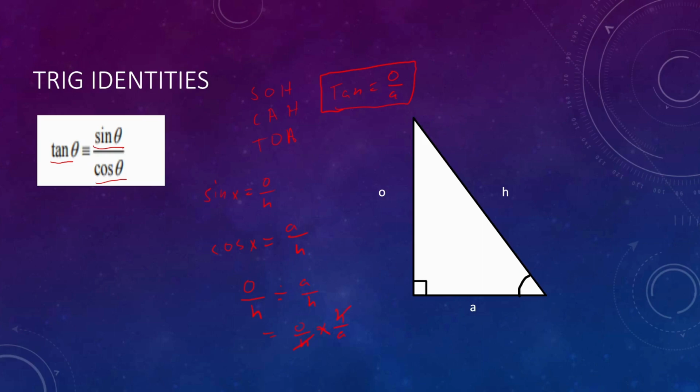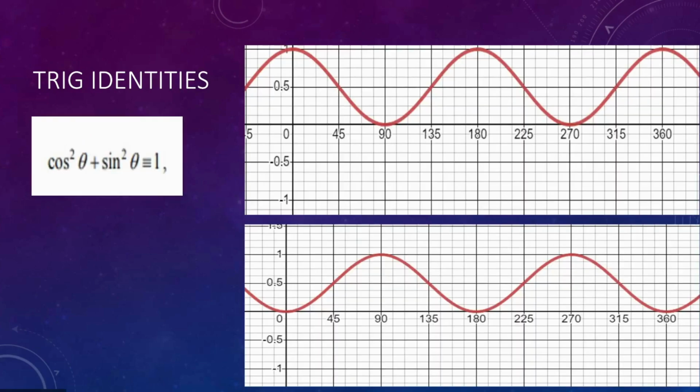As you can see over here, this gives me opposite over adjacent. This is why this identity exists, and this will already be given to you in the paper, so no need to memorize it. Now moving on to the second identity.